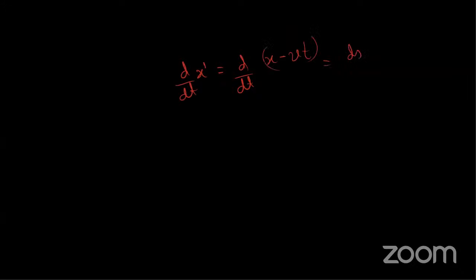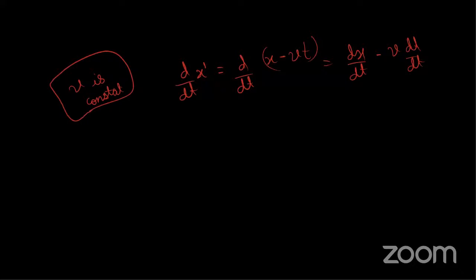So it is dx by dt minus v into dt by dt. Now why can we take v out of the differential operator? Because v is a constant. We said that v is constant, that is, the frame of reference is not having any acceleration. In an inertial frame, v is constant. So we can take it out.